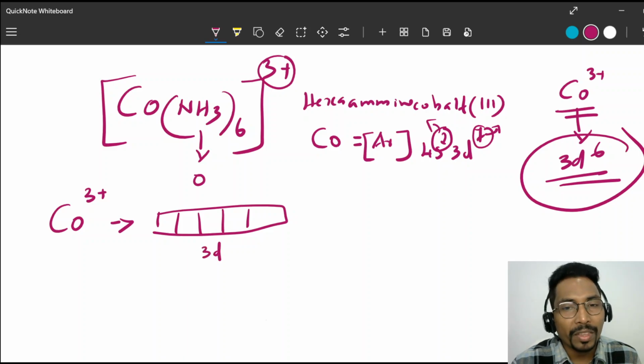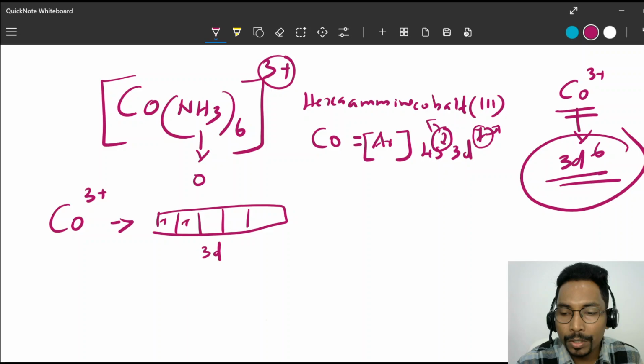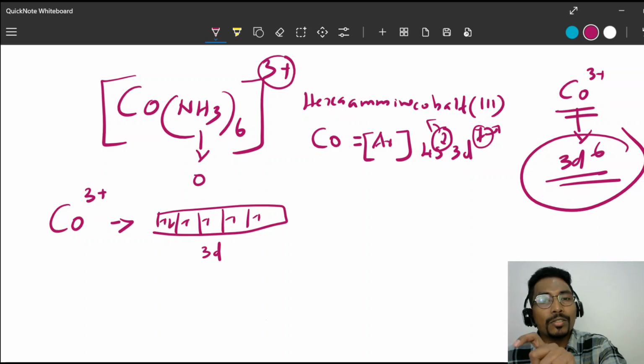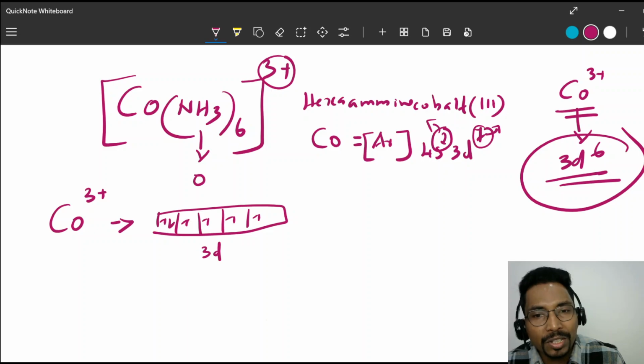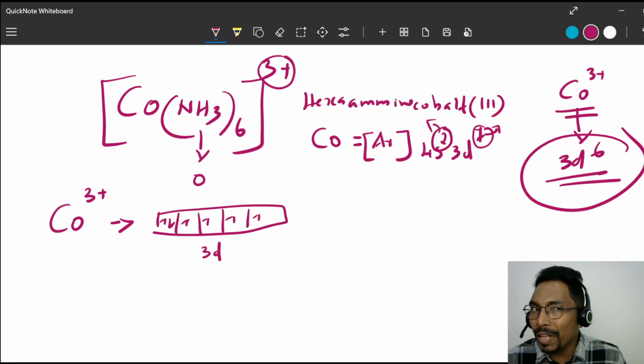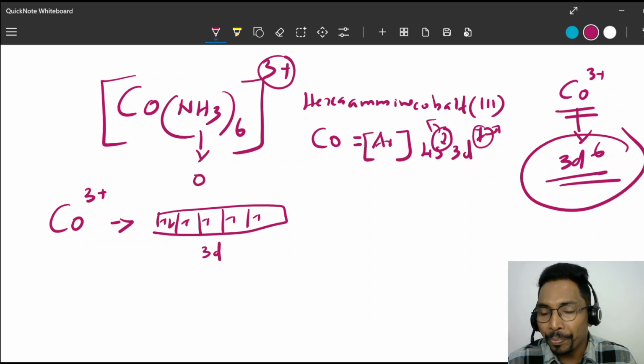So 3d. How many electrons? 6 electrons. 1, 2, 3, 4, 5, 6. In this way you have to arrange the electrons in the orbitals. You studied these rules in grade 11; I hope all of you remember.